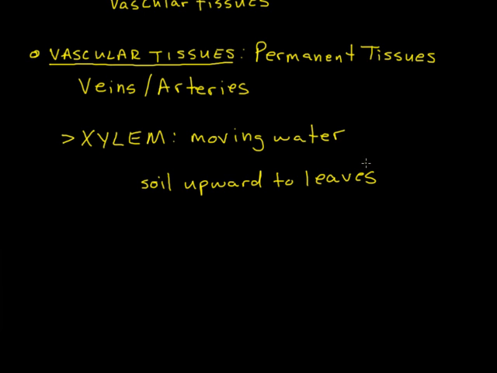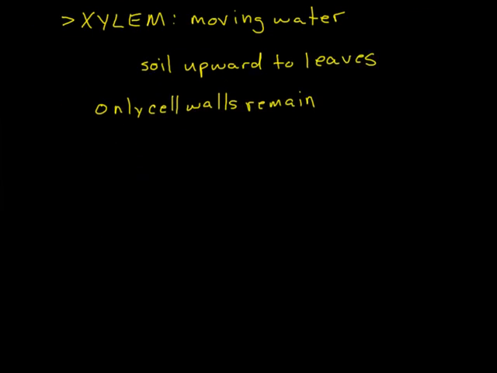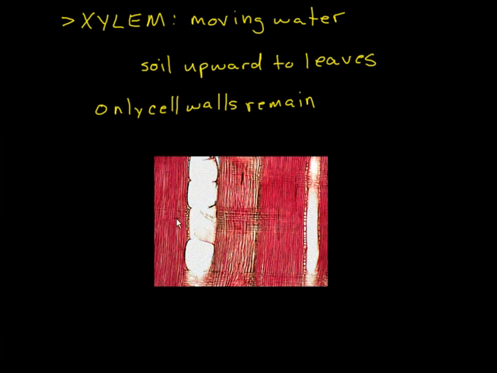What's unique about xylem in terms of the vascular tissues is that xylem cells are dead at maturity. Only the cell walls remain. And let's take a look at a slide of some xylem here. This is a longitudinal cross section of some wood, and this region right here is the xylem.